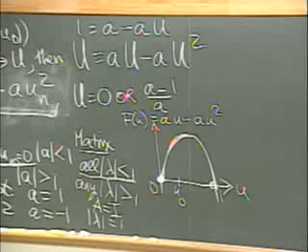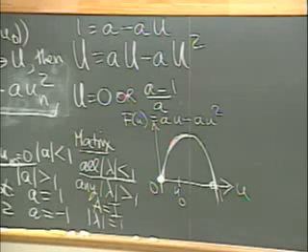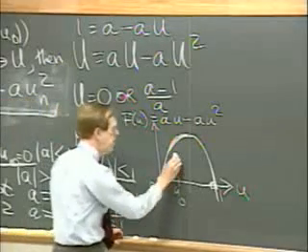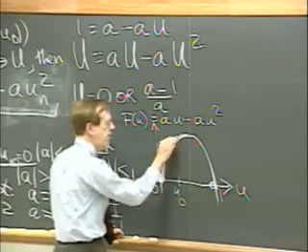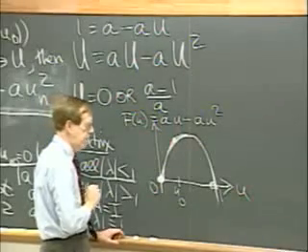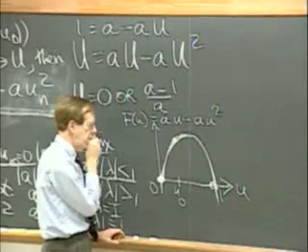So where's U1? How do I find U1? I take f of U0, so what do I do in the graph? I go up to there. There's f of U0, right? Is that right? Yes? Okay, and then I have to think, what do I do next?